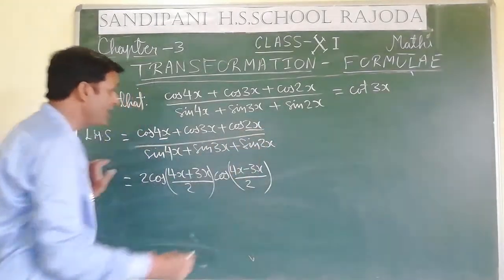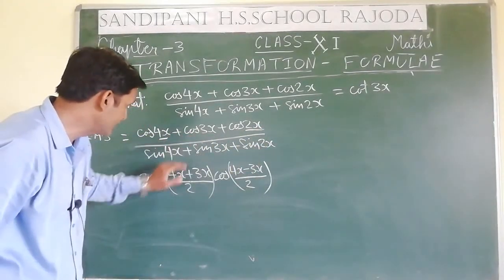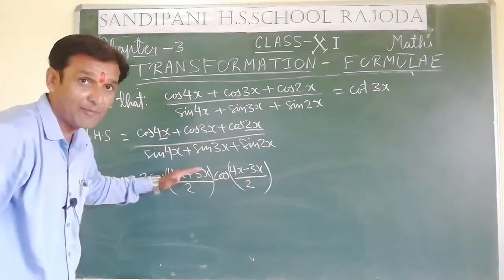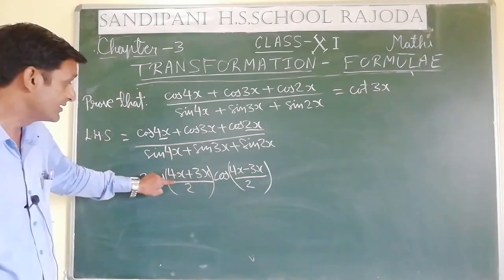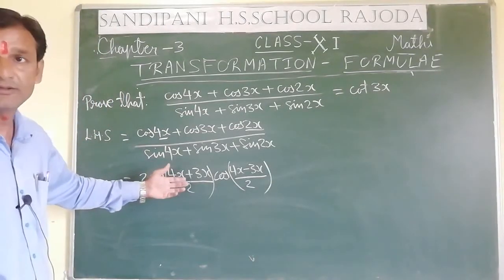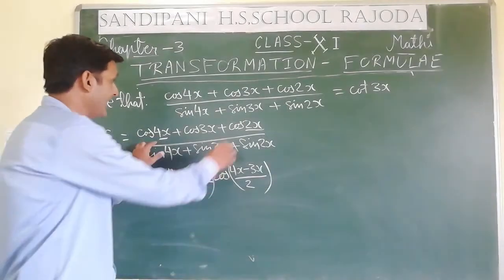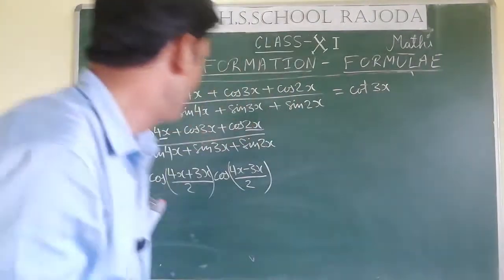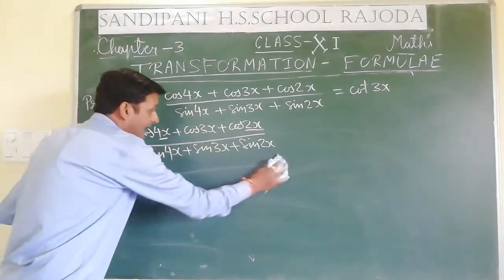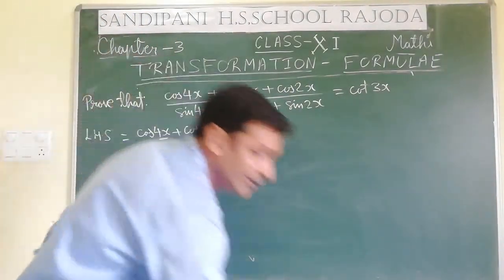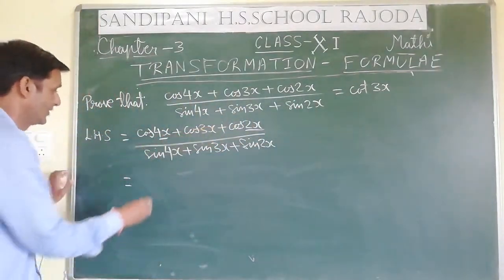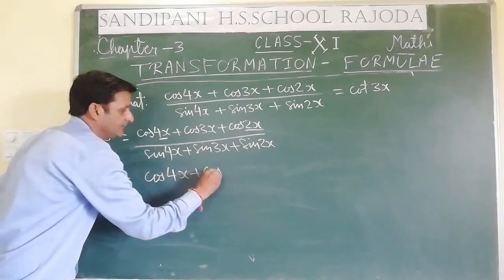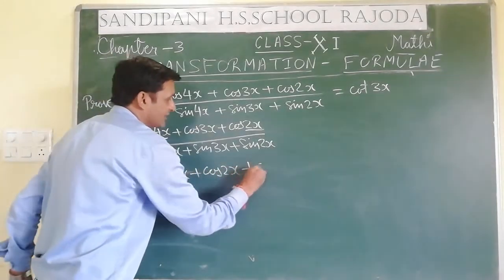I am intentionally taking cos 4x and cos 2x simultaneously. I am doing this because of the trouble we face here: it is 7x by 2, which is not divisible. So you may take these two terms simultaneously. That's why we have to rub this part and take these two terms, cos 4x plus cos 2x, plus cos 3x.